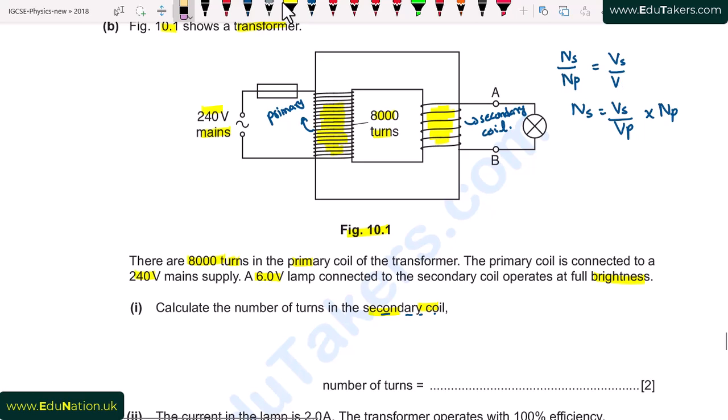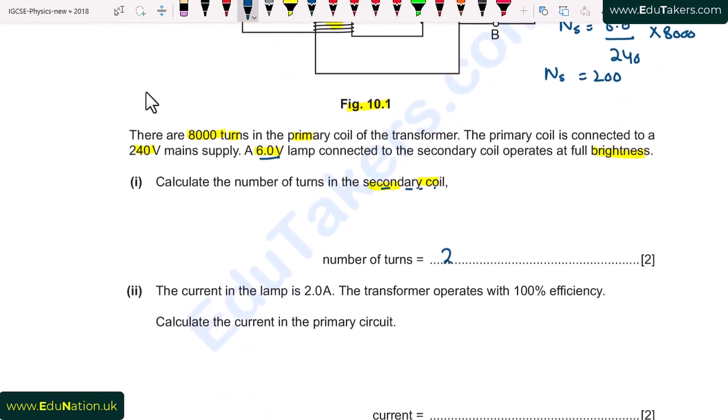Here Vp is the voltage across the primary coil. So by putting values, Ns will be equal to 6.0 divided by 240 multiplied by the total number of turns in primary, that is given 8000. So the number of turns in the secondary coil comes to be 200. I write here 200 turns.